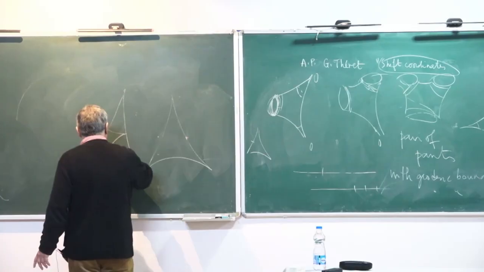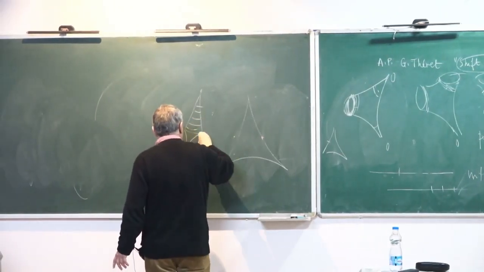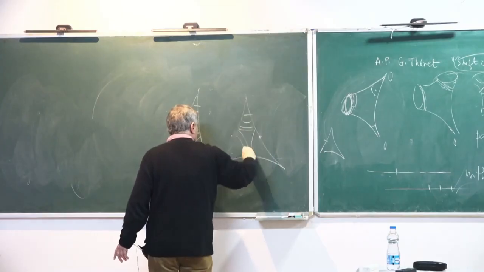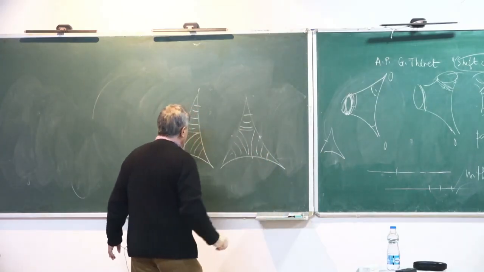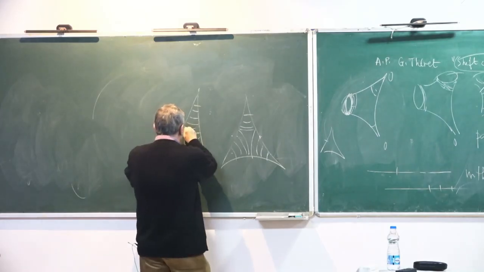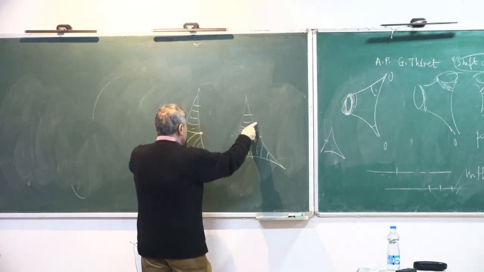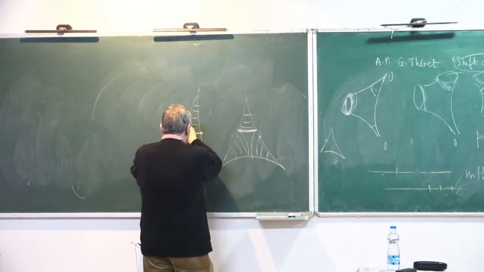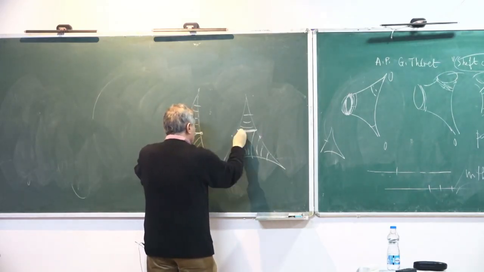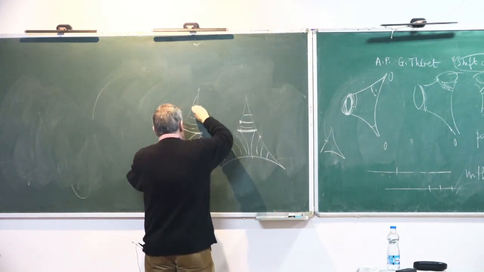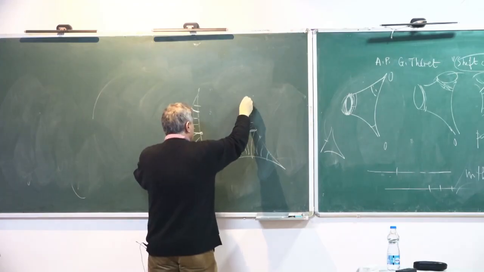Okay, first, what I said is that when I identify this side with this side and this side with this side with the same shift, this curve will end up here, and then it will end up a little bit up, and then a little bit up, and so on.